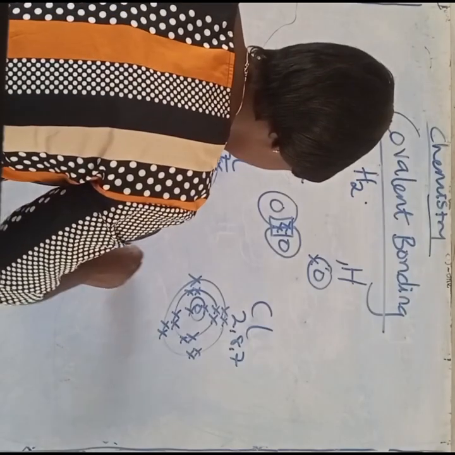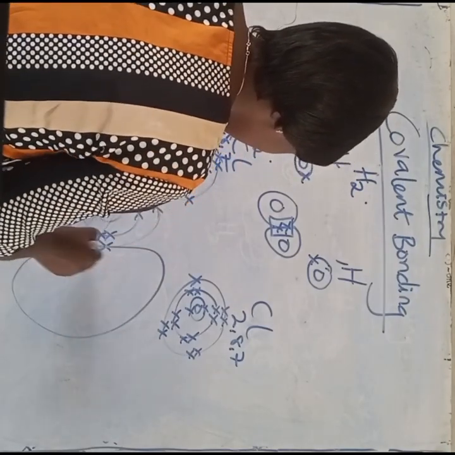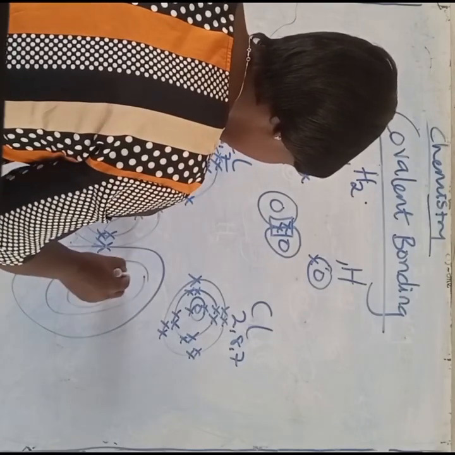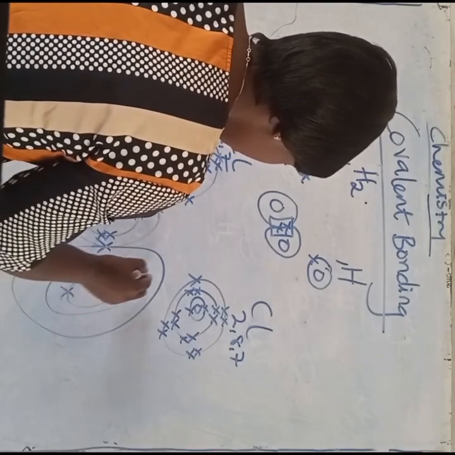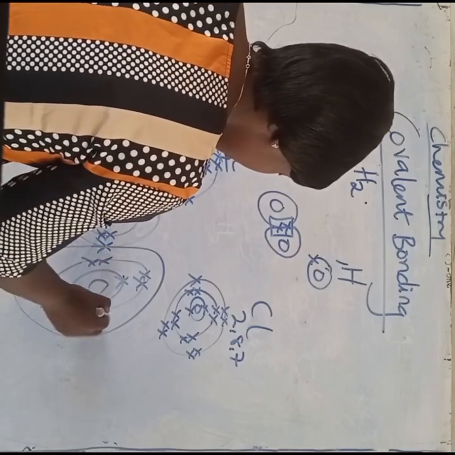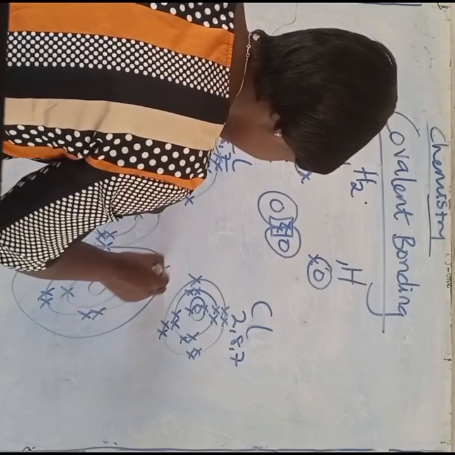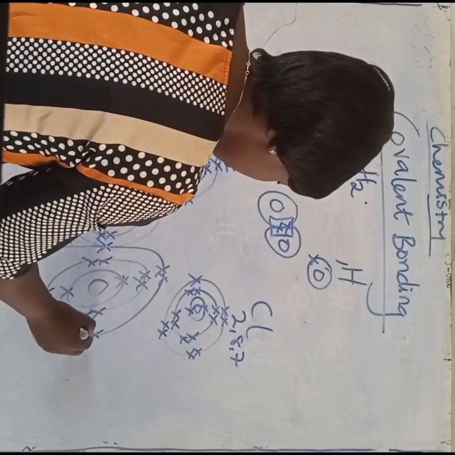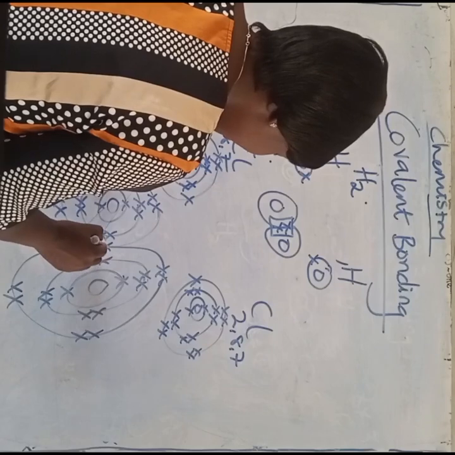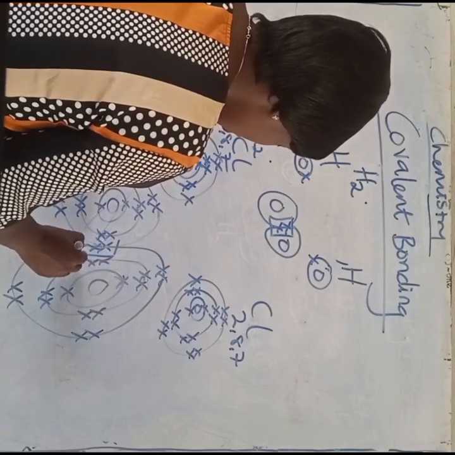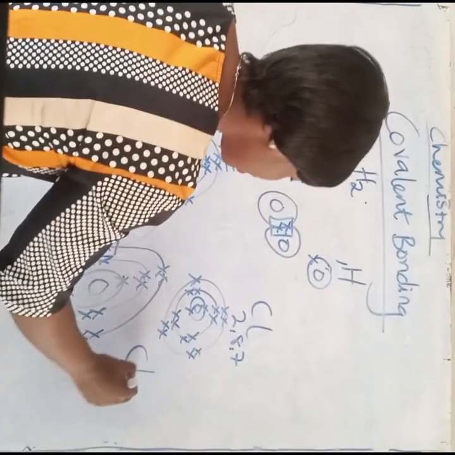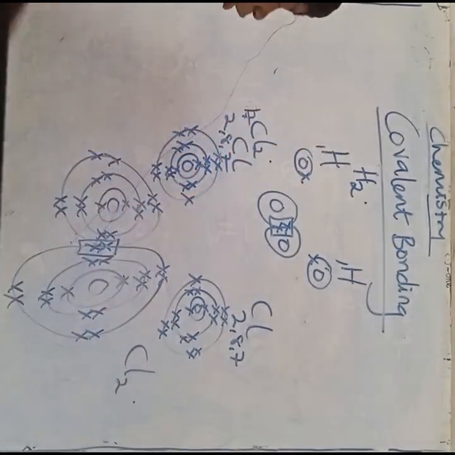Then this one is going to form another one. So the first shell for the second atom, the second shell, and the last shell, we are going to have something like this. So we have what? 7 electrons. So this last electron is going to bond with the last one from the other chlorine atom. So that is how our chlorine gas, the chlorine molecule, is being formed.